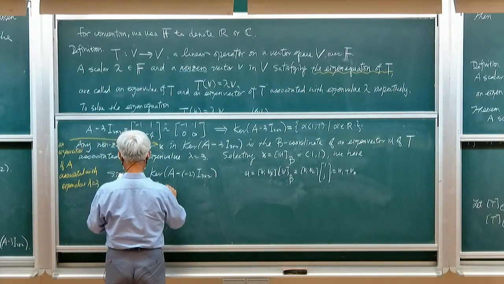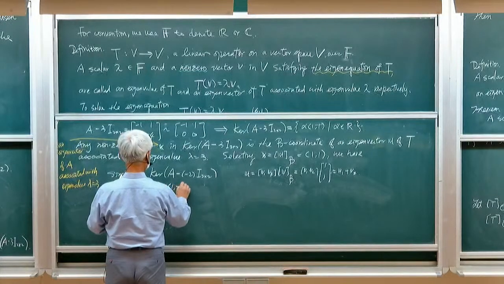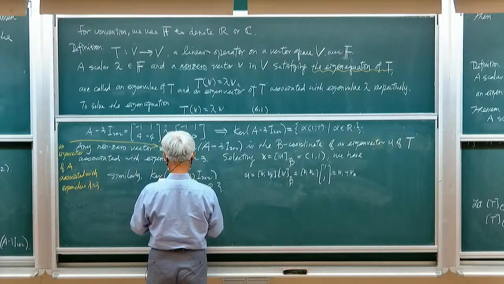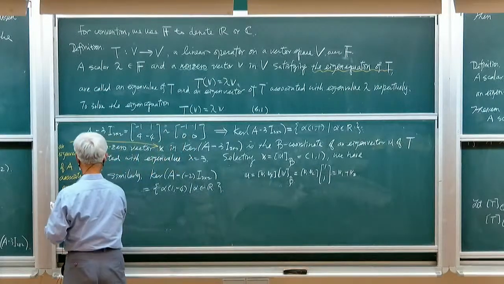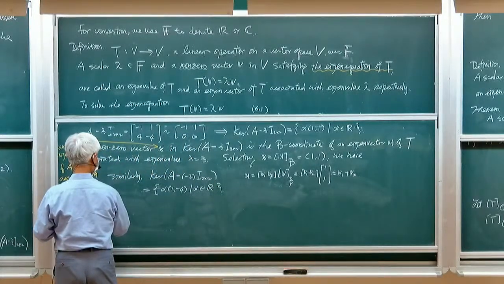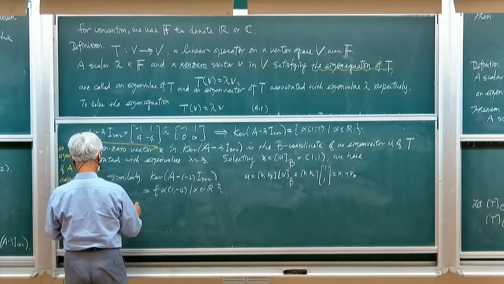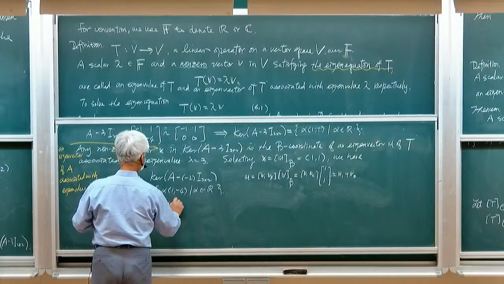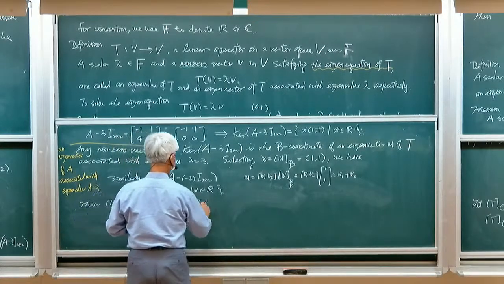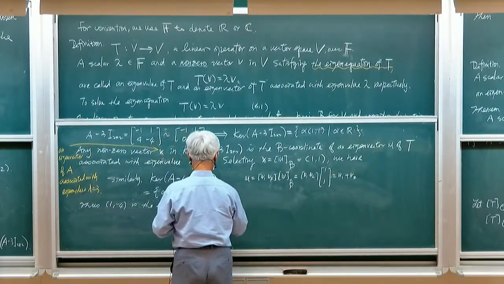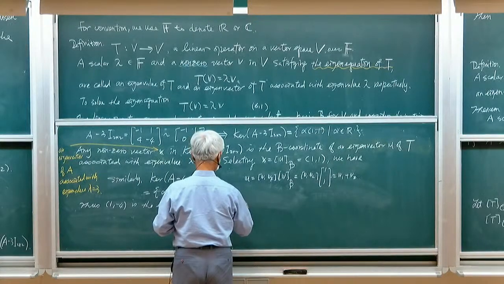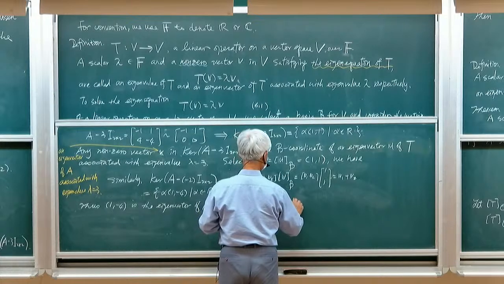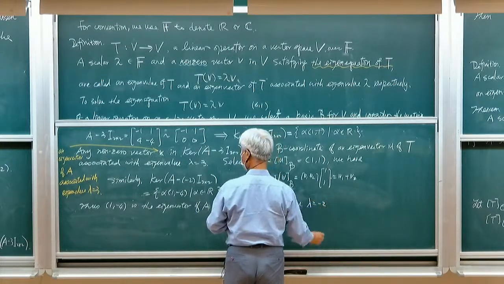So this is alpha times (1, minus 4) for alpha in R. So that's (1, minus 4), the eigenvector of A associated with eigenvalue lambda equal to minus 2.